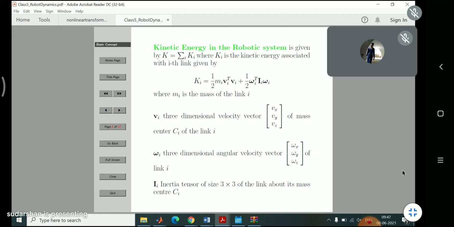So you can verify the units. Kinetic energy is half mv square. That v square that we write in scalar form, when it comes to vector form, is basically a quadratic term. We write it as v transpose v.